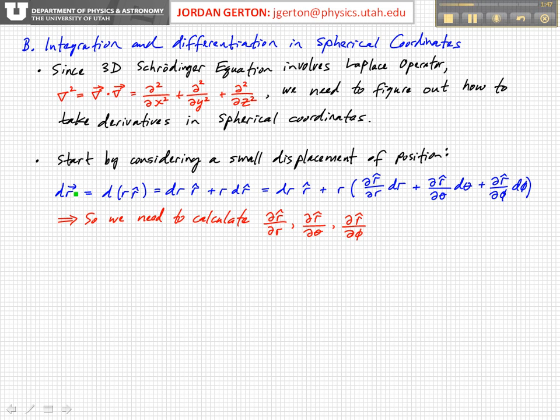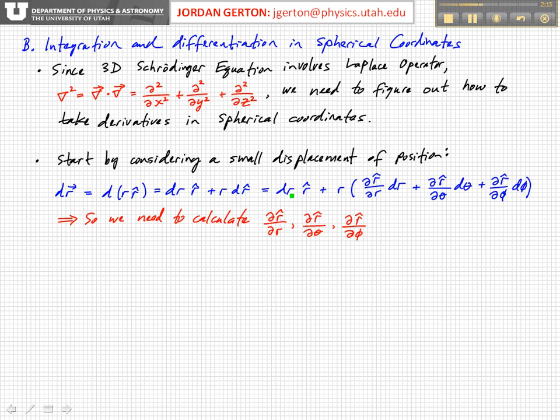Okay, and since the r vector, the displacement vector, the position vector, is equal to r times r hat, a distance times a direction, then if we take the differential of this, we have dr times r hat plus r times dr hat. Dr times r hat, these are already in polar coordinates.